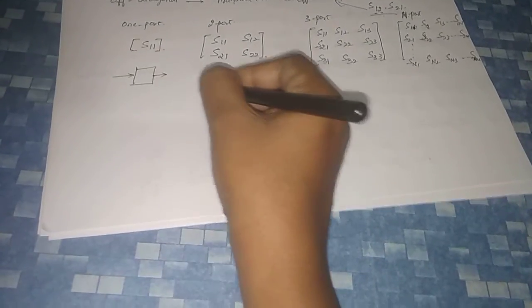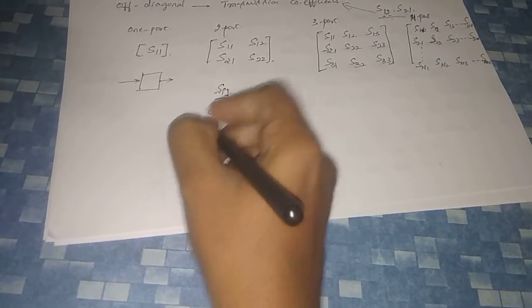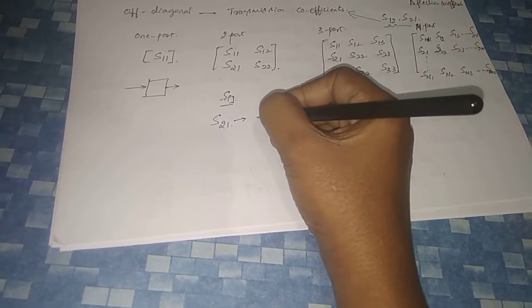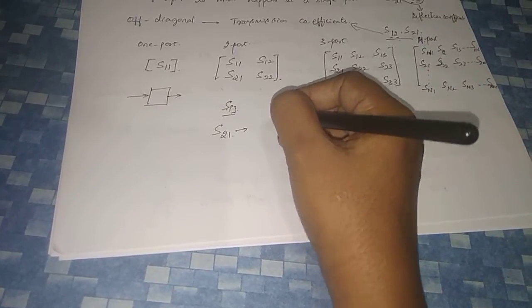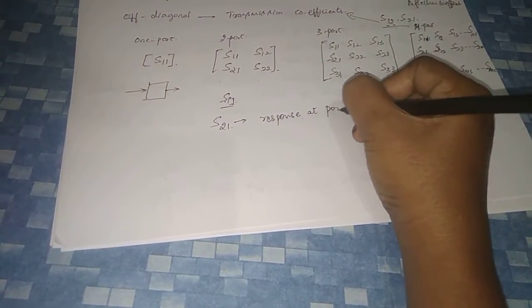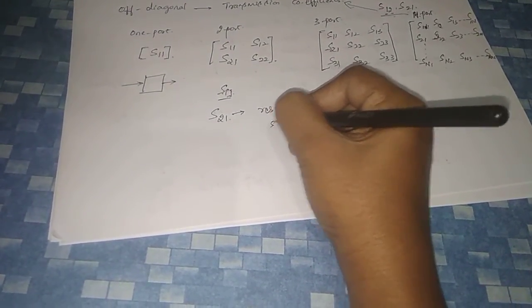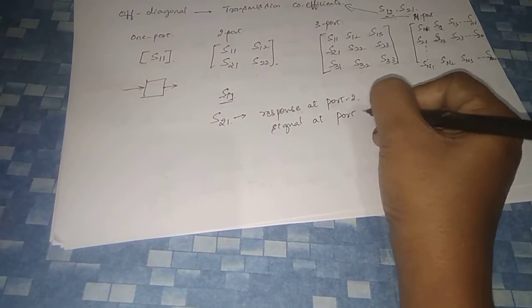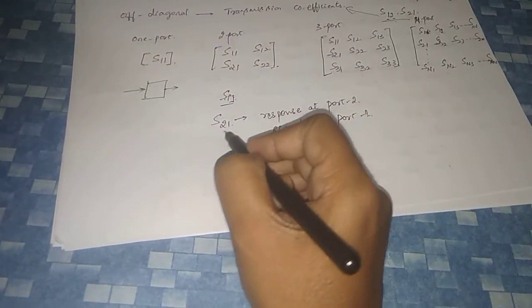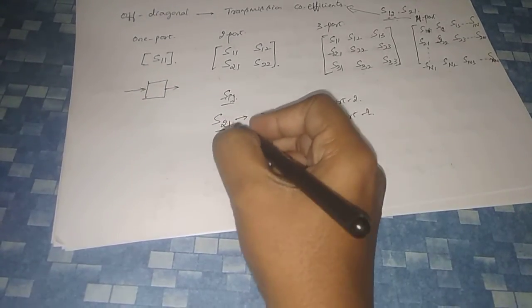So Sij, if I take S21, represents that you are measuring the response at port 2 due to the signal at port 1.